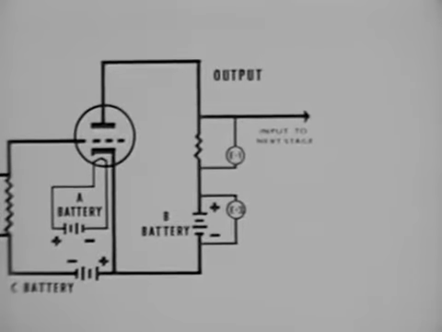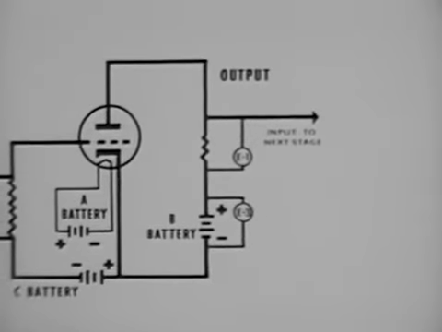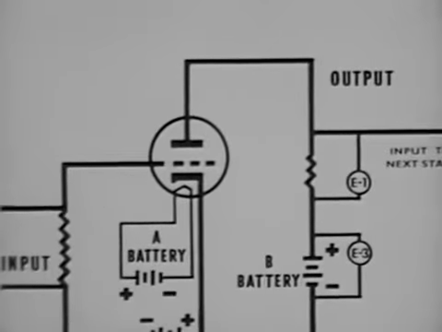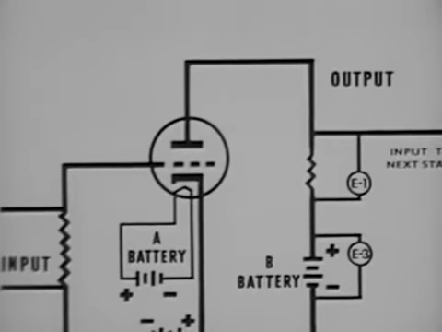A voltage amplifier is designed primarily to deliver a large varying output voltage to its load circuit. In order to accomplish this, there must be a relatively high value of load impedance. For a given vacuum tube voltage amplifier, the impedance of the load is usually as high or higher than the plate resistance of the tube.